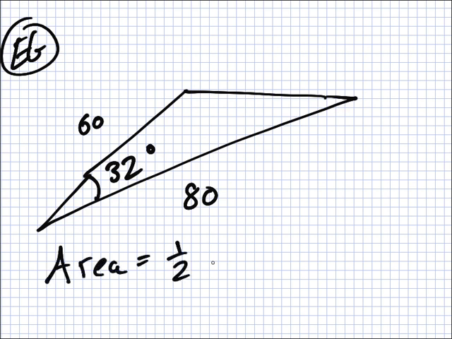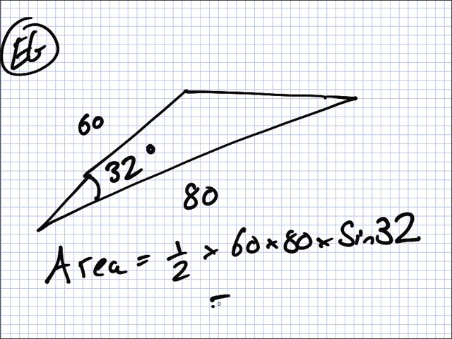A half times 60 times 80 times sine 32. Right, so what's that then? 127. If we make these centimeters, then this would be 127 centimeters squared, yeah?